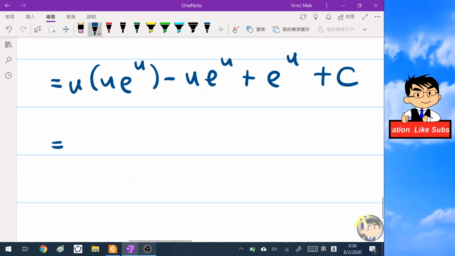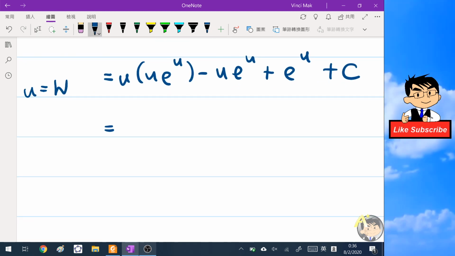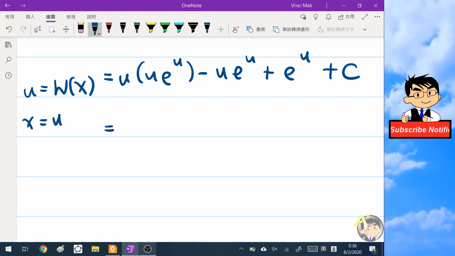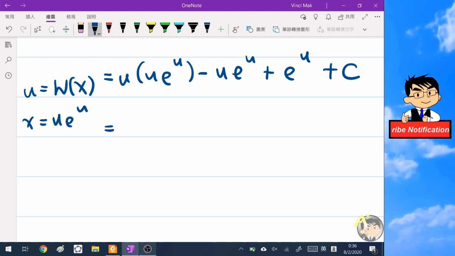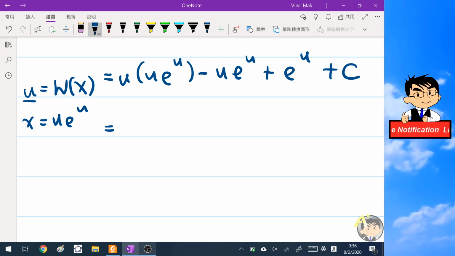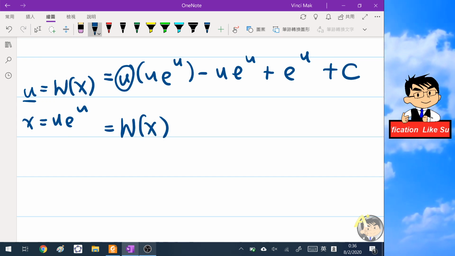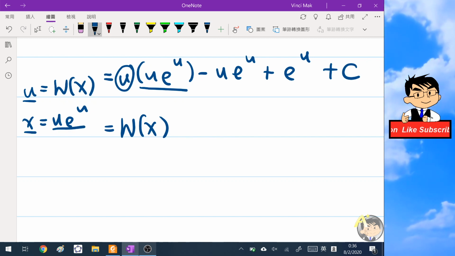And how do we simplify these terms? So we look back at our substitution. We know that u is equal to W(x), and x is equal to u times e to the power of u. So we can substitute u here, which is the Lambert W function of x, and then this guy is equal to x.